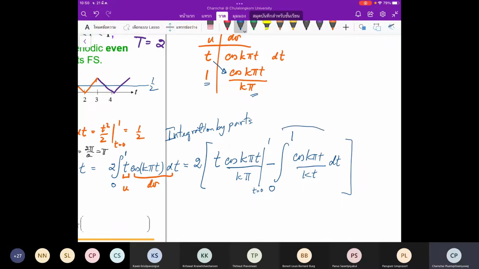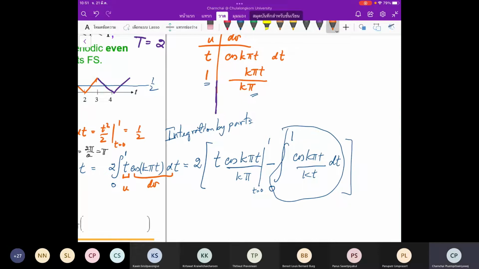But this one, you need to integrate it again, or you can do integration by parts again. If you integrate this one again, oh, I'm sorry, the integral of cosine is not cosine. The integral of cosine is sine.